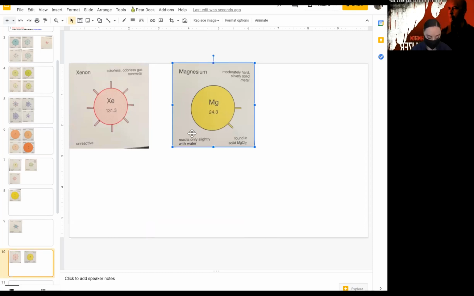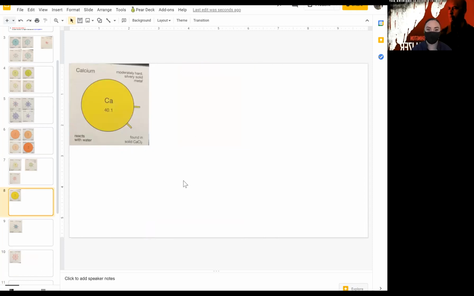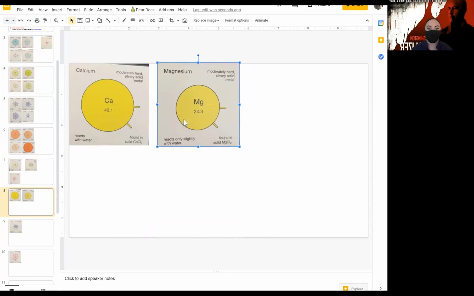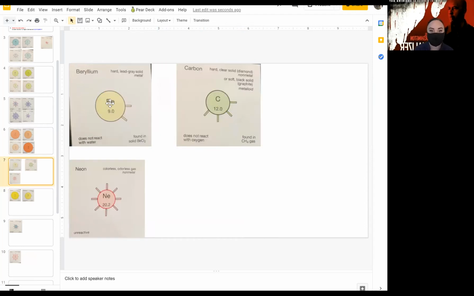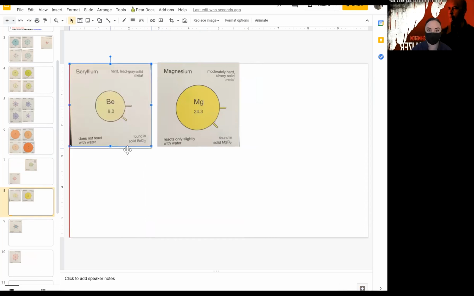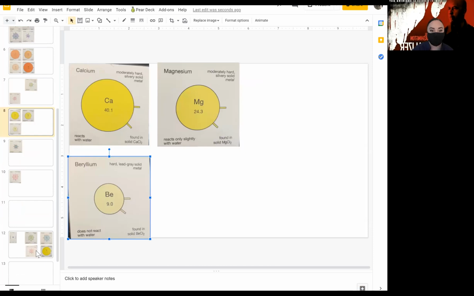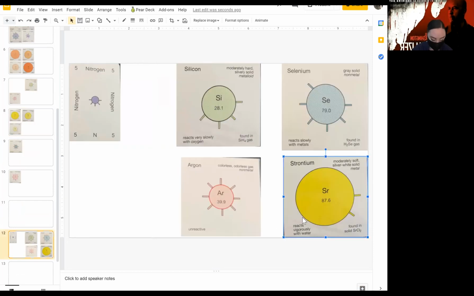Or magnesium is yellow. Okay. So now I'm looking for yellow with 2 sticks. Beryllium fits that. Okay. Strontium fits that.